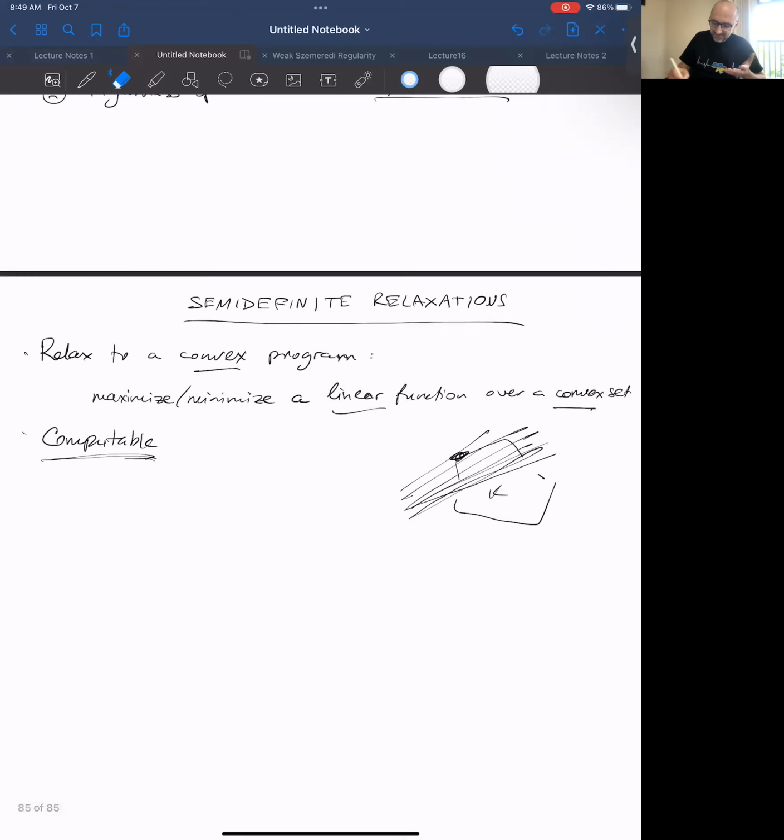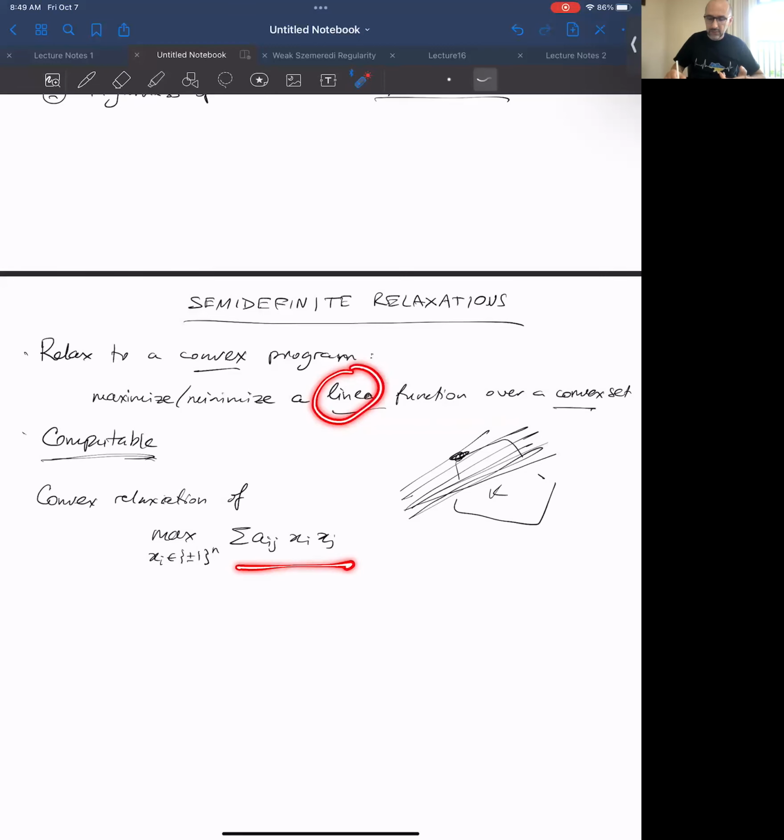Okay, so how do we construct a convex relaxation? How do we relax this hard optimization problem to something that's convex? The sum of Aij xi xj. This is crazy because it fails in both respects. The objective function is not linear to start with.